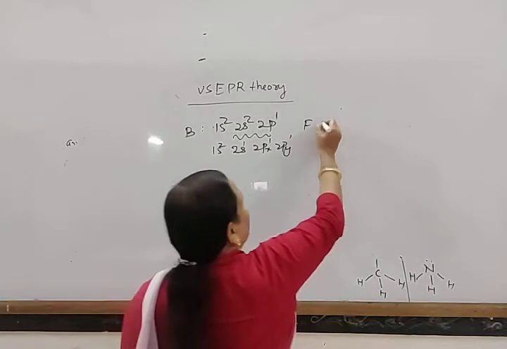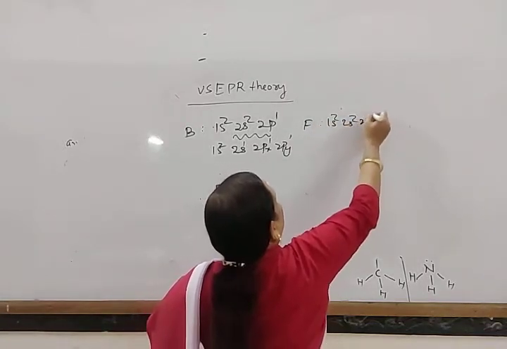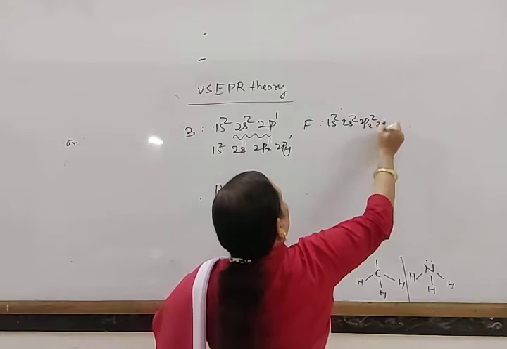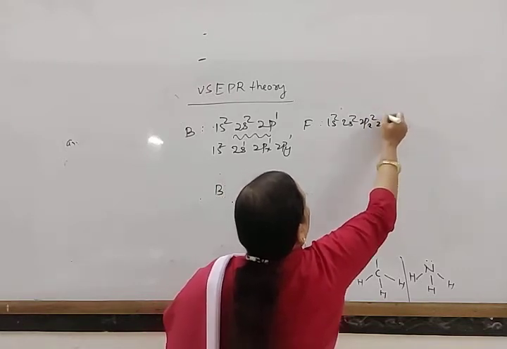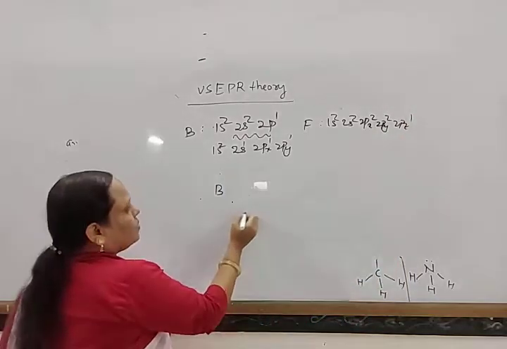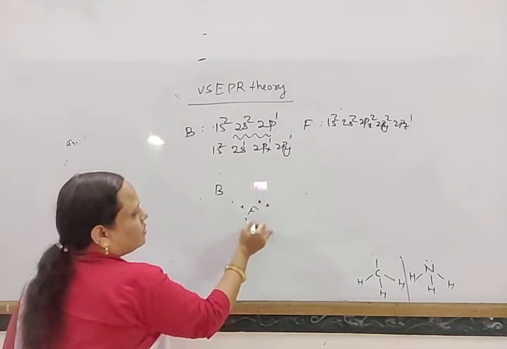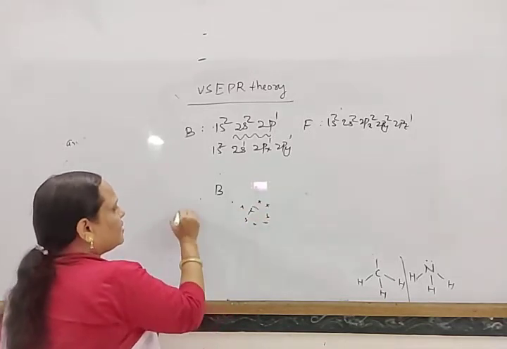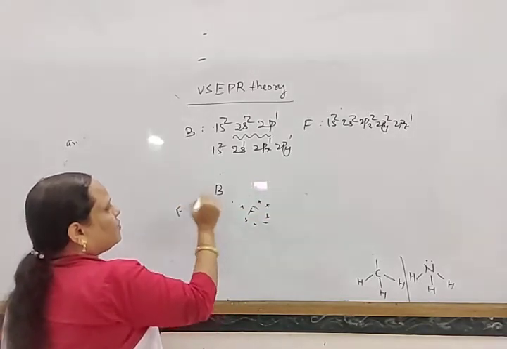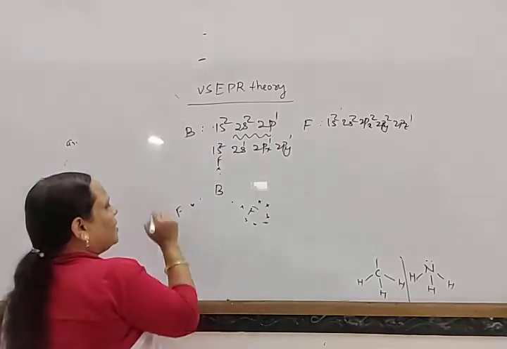Then fluorine has electronic configuration 1s2, 2s2, 2px2, 2py2 and 2pz1. So it has 1 unpaired electron. Each fluorine shares its electron, so the boron is surrounded only by bond pair electrons.